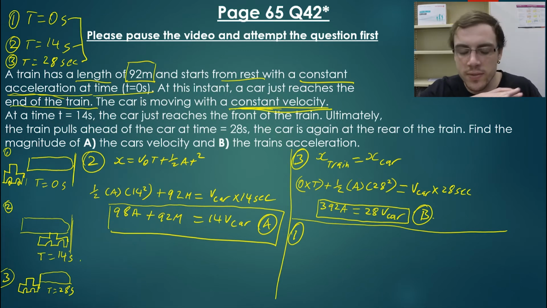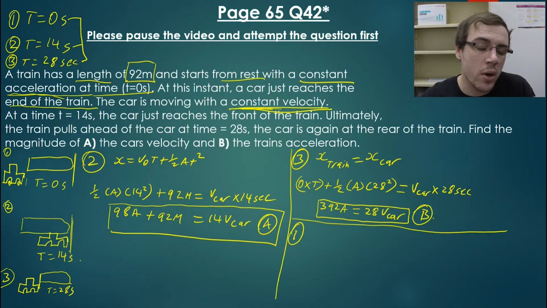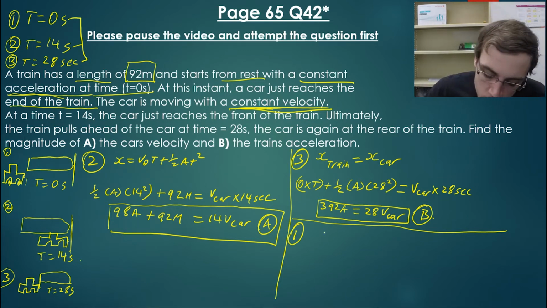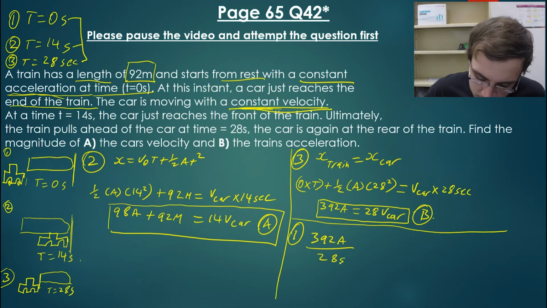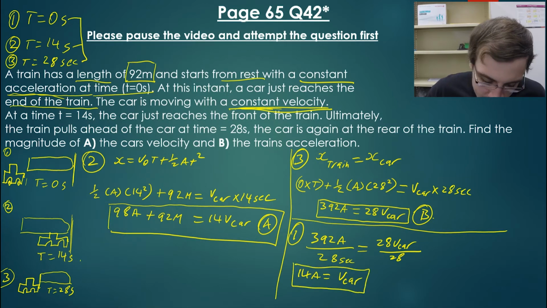Because by dividing it by time, we will see what was going on at the very beginning. So we take 392A divided by 28 seconds is equal to 28 v car divided by 28, and that will give us 14A is equal to v car. And that is our equation for number 1. So we'll denote that as C.